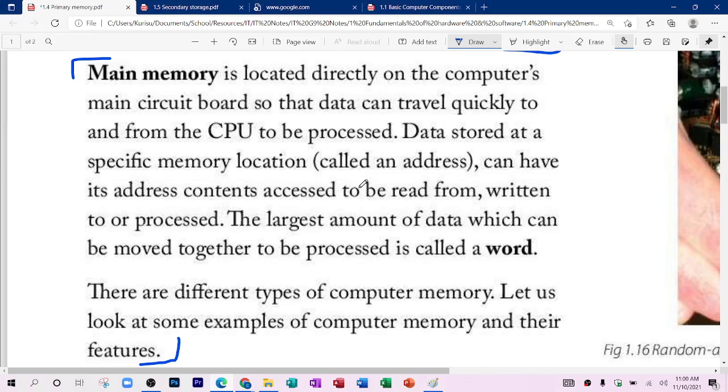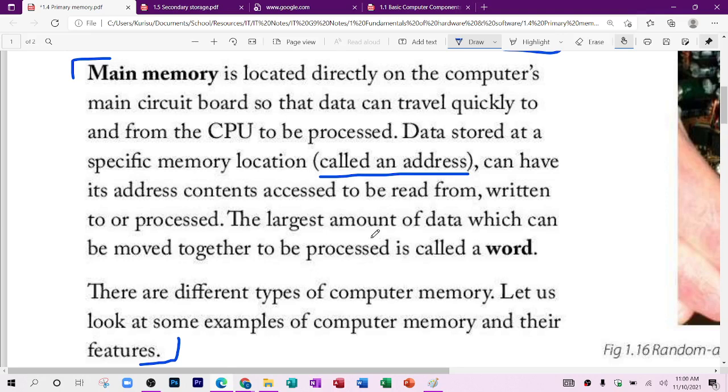Main memory is located directly on the computer's main circuit board, so that the data can travel quickly to and from the CPU for processing. Data is stored at a specific memory location called an address, which can have its content accessed to be read from.